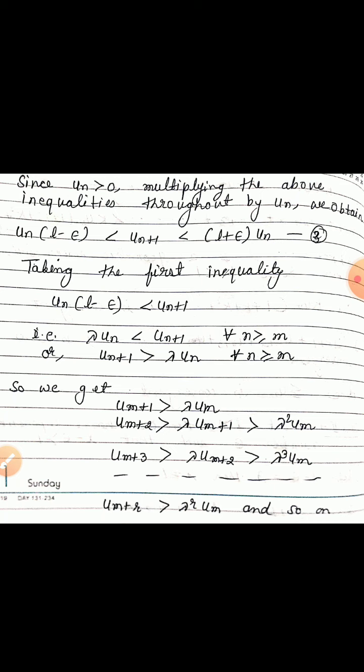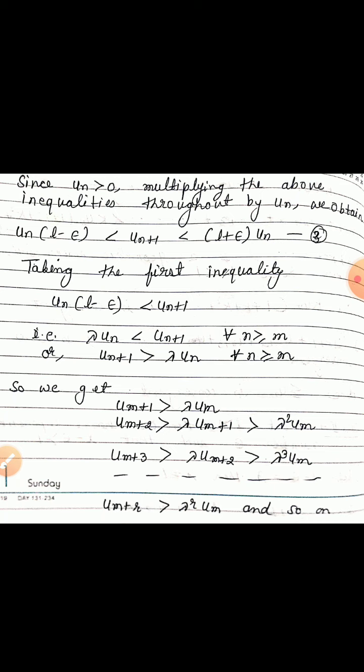Take this as equation 3. Taking the first inequality here, (L minus epsilon) un is less than un plus 1, and L minus epsilon is taken as lambda, so the left hand side becomes lambda un is less than un plus 1, or we can write un plus 1 is greater than lambda un for all n greater or equal to m.